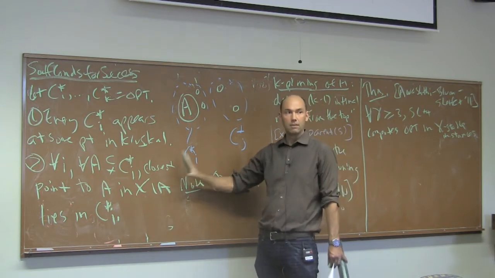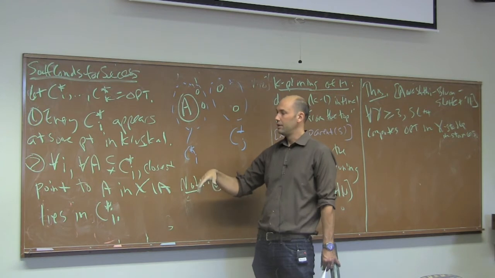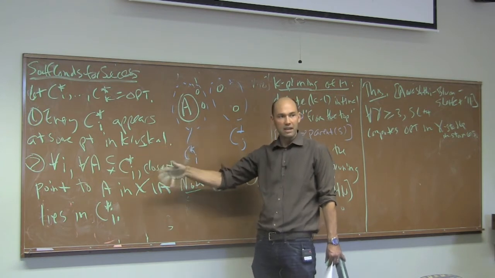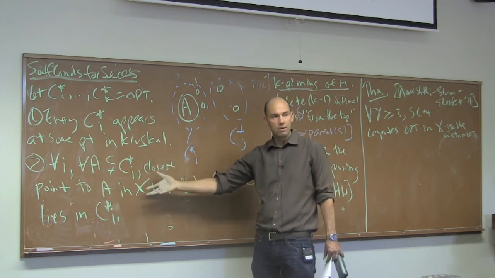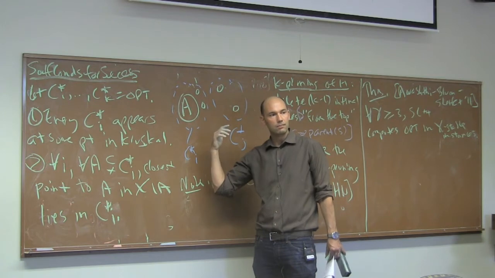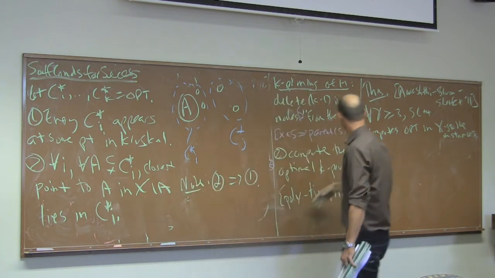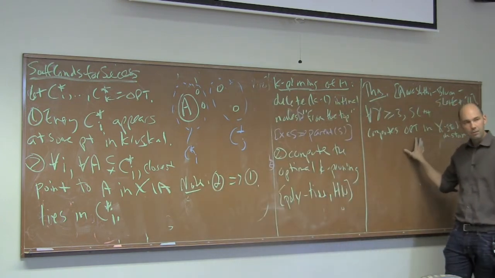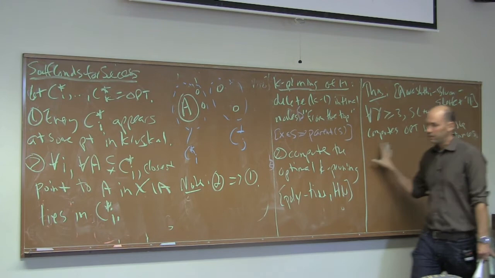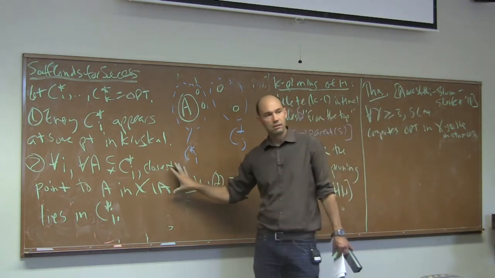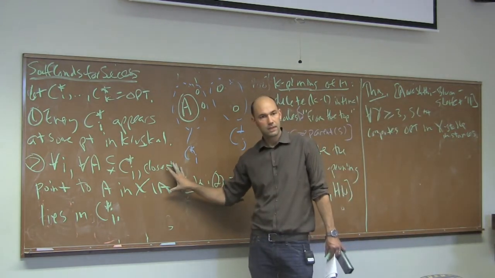There are some optimal clusterings, the C star I's. You can just enumerate over all A's and check if this holds or if it doesn't hold. If this always holds, boom, we're done. Our algorithm works. So the missing link, all we have to do left in the lecture, is prove that if an instance is 3 stable, then this condition is guaranteed. That's all that remains. Everyone with me?